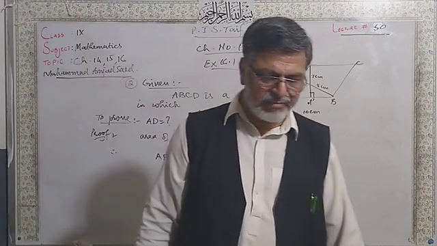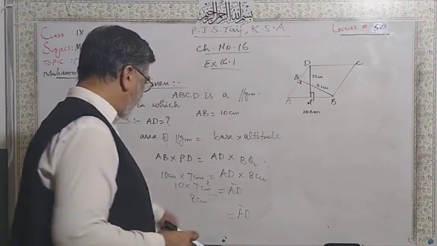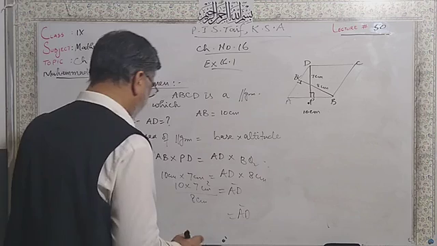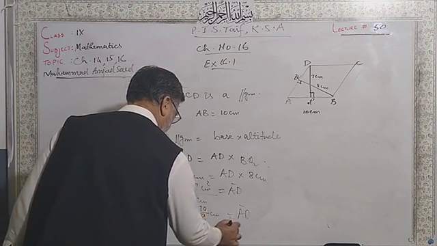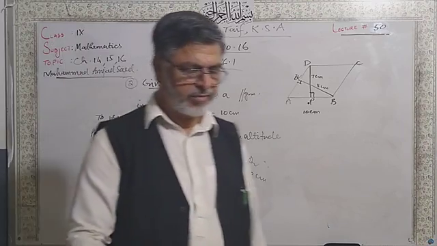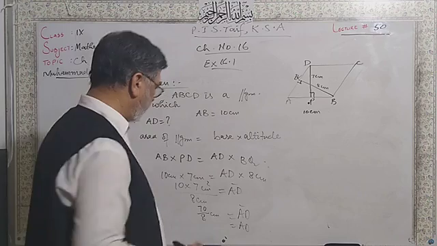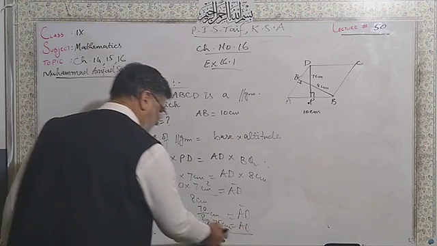Length of AD will be equal to 70 over 8 centimeter, which is equal to 8.75 centimeters.